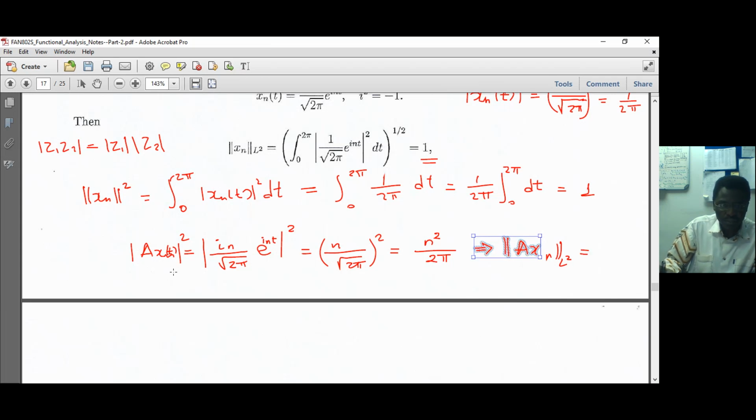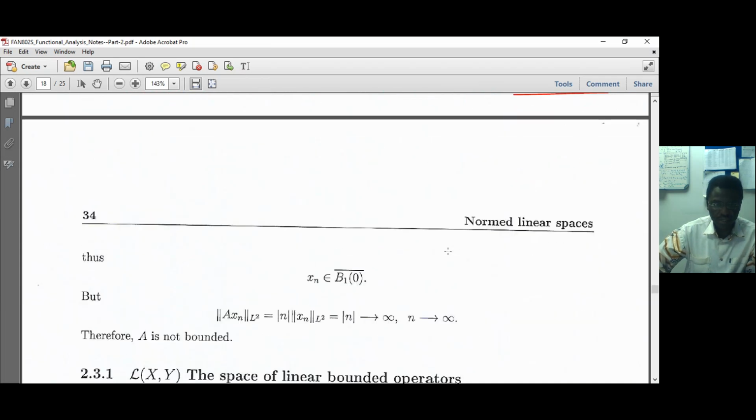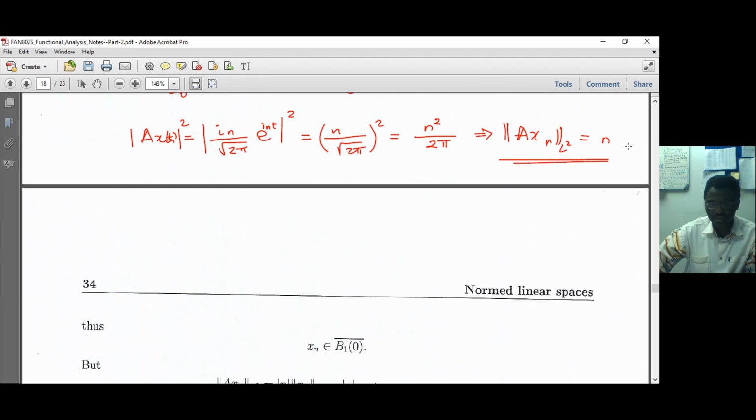So what is that equal to? Now, if I integrate this from 0 to 2 pi, this is constant, it doesn't depend on dt, so it will be multiplied by 2 pi. So that would be n squared, right? And then I take the square root of that. If I take the square root, the square will not be there. So that's n. So that is the norm, right? So you can see that it is n. Of course, you don't need to put the absolute value because n is assumed to be positive, right?